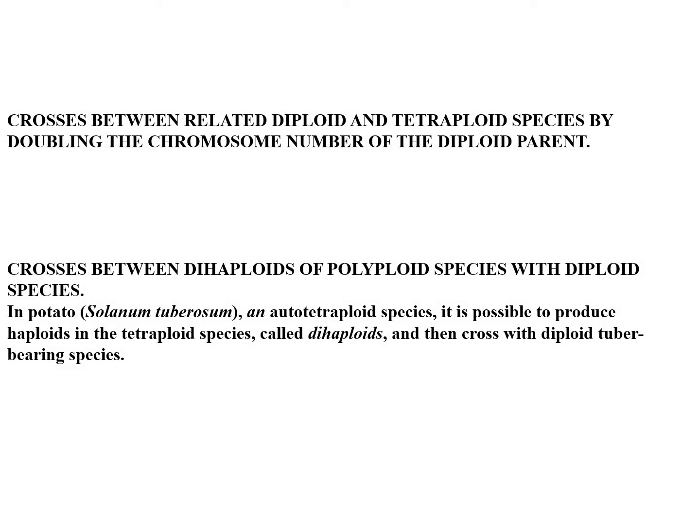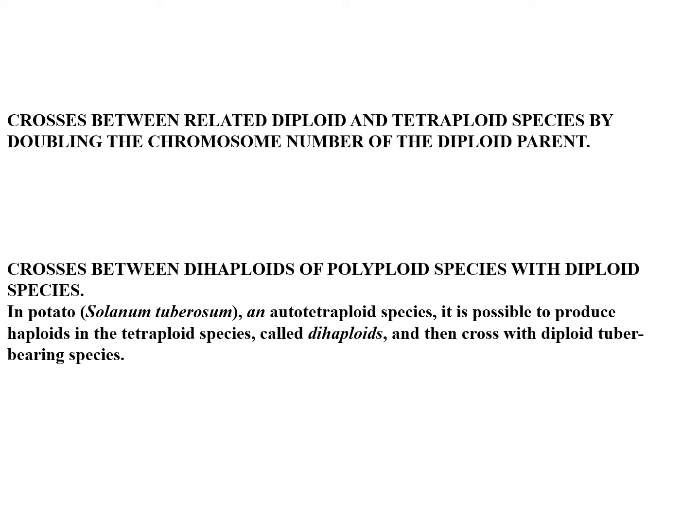Another way to do that is what we call bridge breeding. In bridge breeding, we have, for example, cultivated tetraploid plants and we want to transfer a gene from a diploid related species.